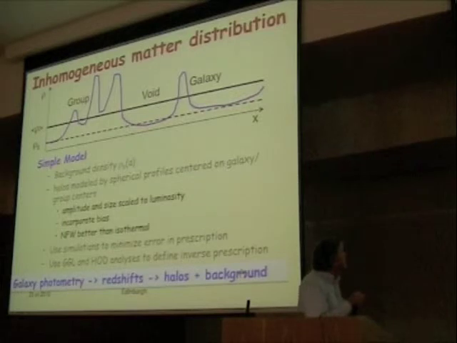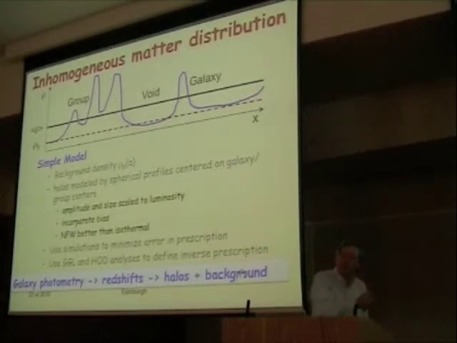And I'm going to guess that we'll get the right answer by taking a background density that's not the average density and it's not 0. It's somewhere in between. It's probably a little bit larger than the minimum density in voids in numerical simulations. Probably a little bit more than that, as I sort of showed it here, but I don't know that for sure.